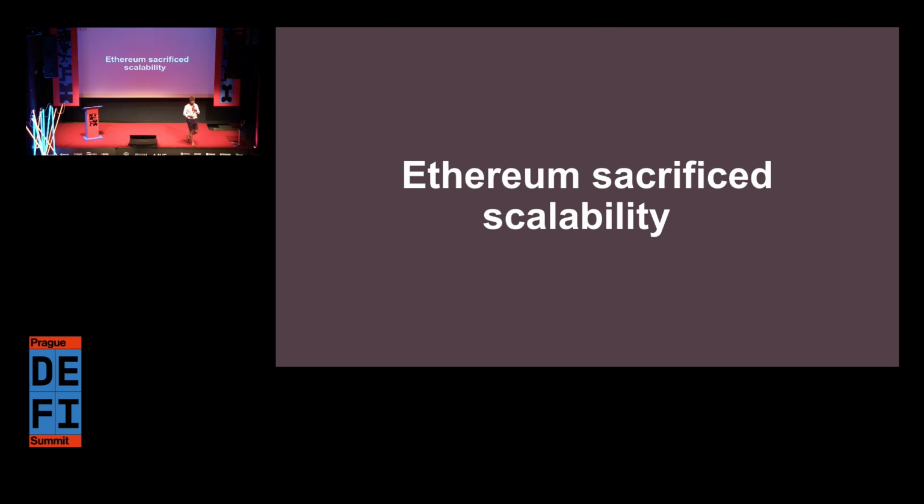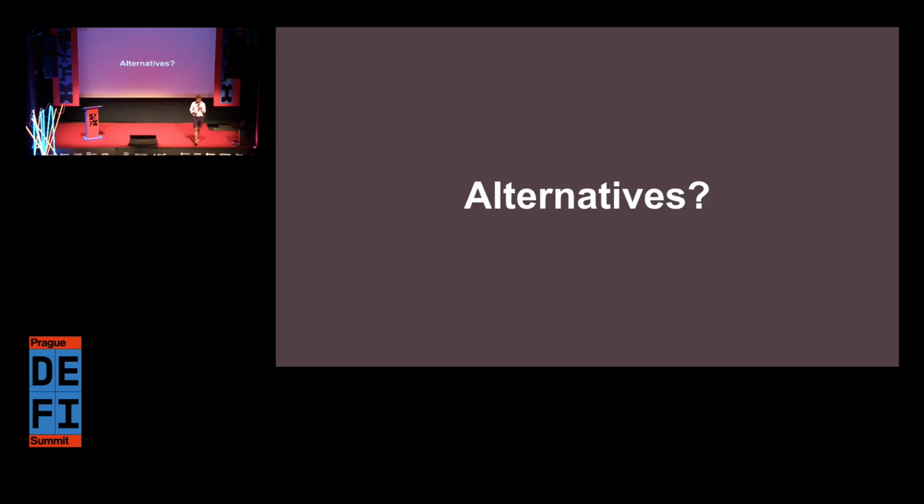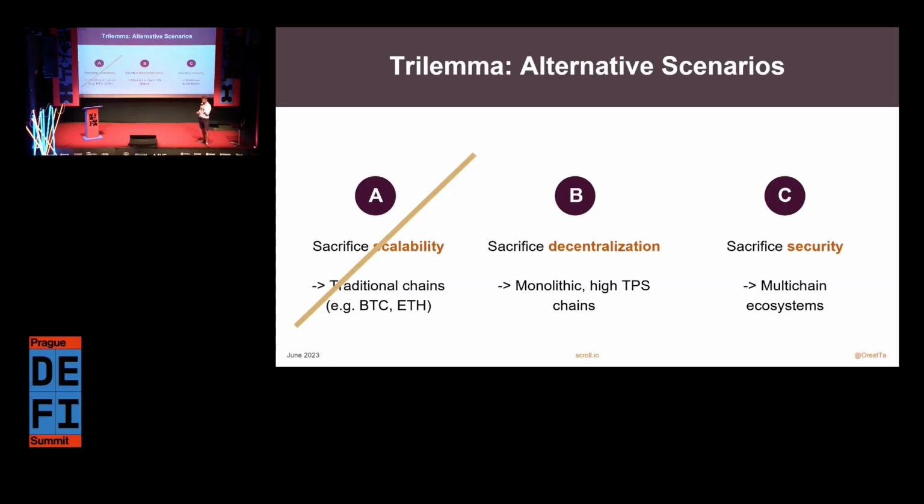Now, my argument is going to be, did Ethereum really sacrifice this scalability? But first, let's think about alternatives briefly. Well, there is alternative B, which is to sacrifice decentralization. That's, I guess, the standard way of doing things before the blockchains.